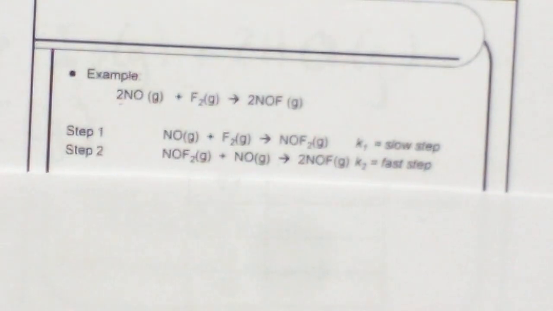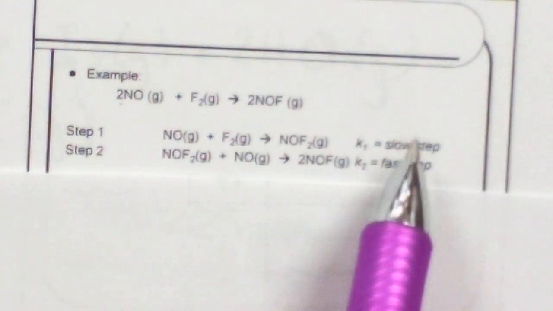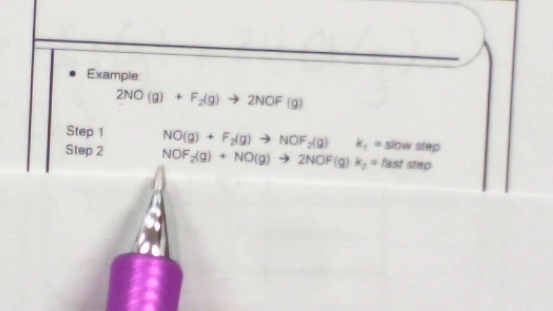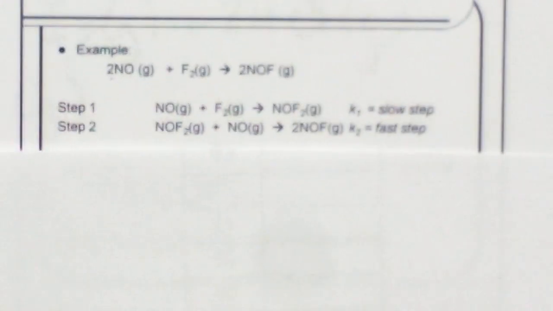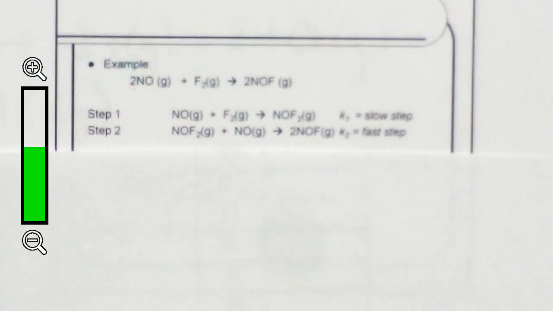And there's a slow step and a fast step. All right, so there's two different Ks.